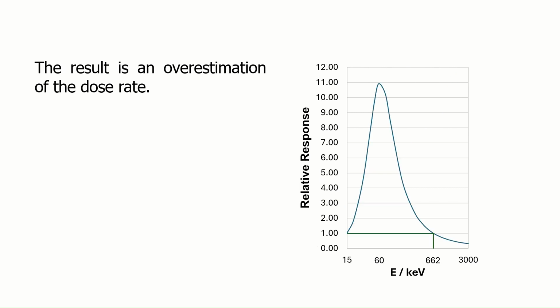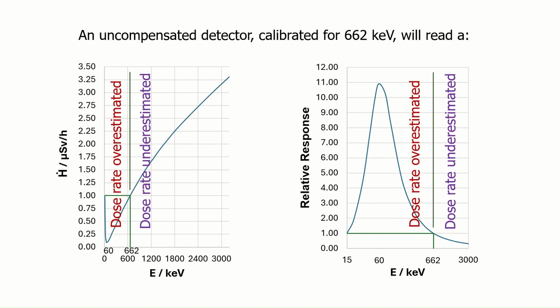The result is an overestimation of the dose rate. An uncompensated detector, calibrated at 662 keV, will overestimate the dose rate below 662 keV and underestimate it above 662 keV, crossing over at this calibration energy.